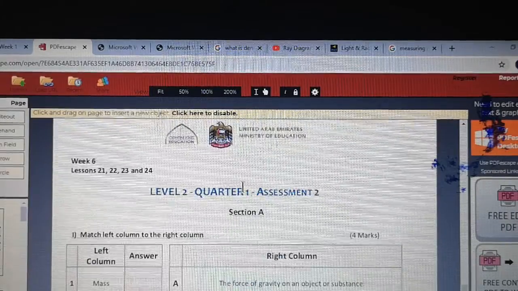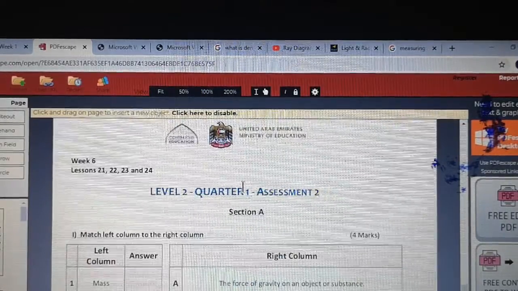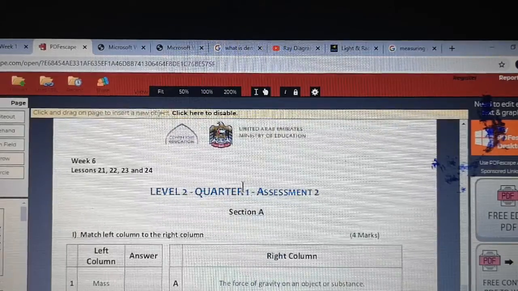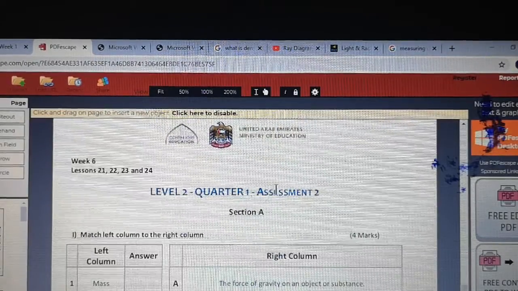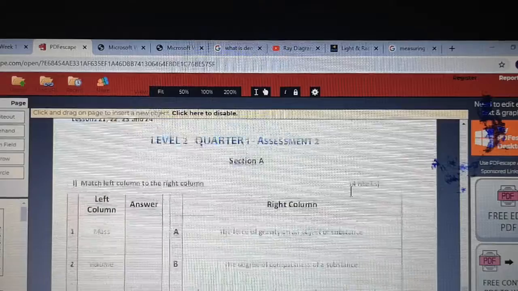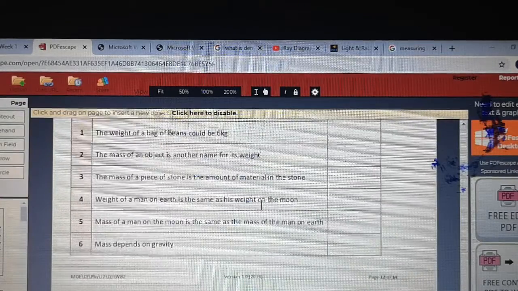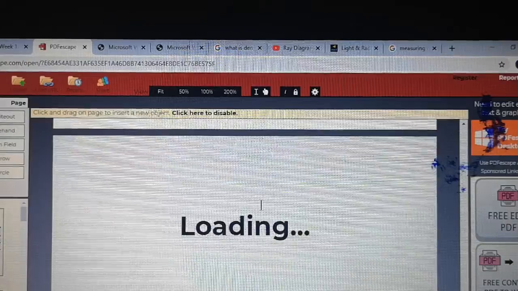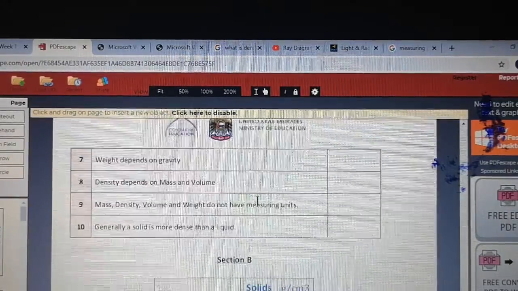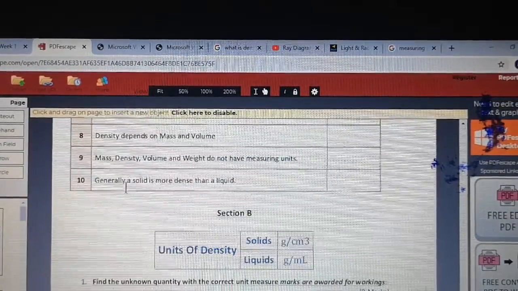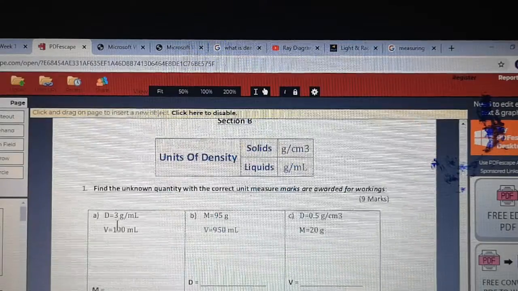So once you've watched those 2 videos, completed the workbook, then you're ready for assessment 2, and you're going to just complete the problems. So look at these problems. Actually, they're very similar to the problems we did, or you did, earlier in the workbook, so you can just use the same method.